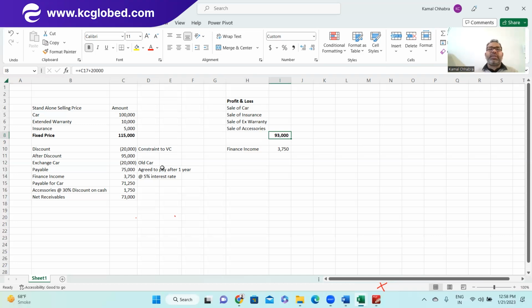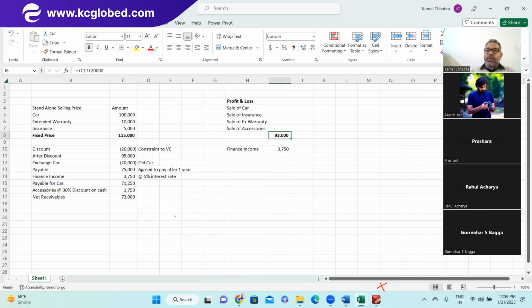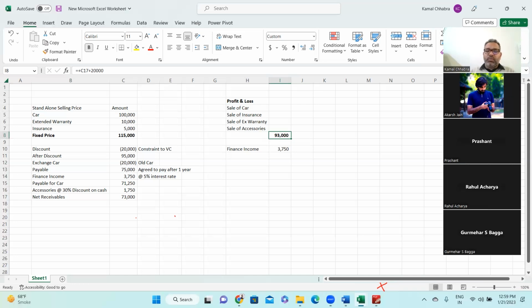As of now, we are discussing what will be the transaction price for sale of all these items, and what will be the transaction price for the finance income. That we have separated here in step 3. In step 4, we'll understand how to allocate this 93,000 to sale of car, sale of insurance, sale of extended warranty, and sale of accessories. Make sense, everyone? Gurmehar? Yes, sir. Avneet? Rahul?